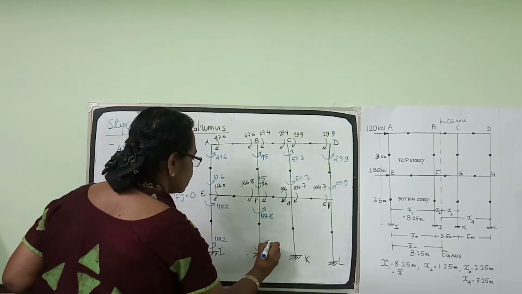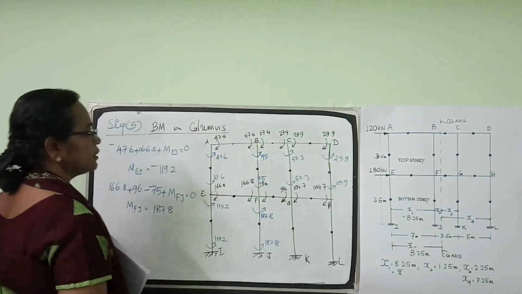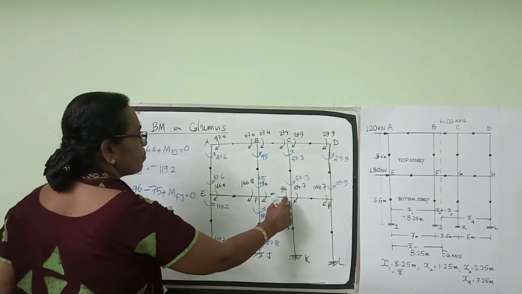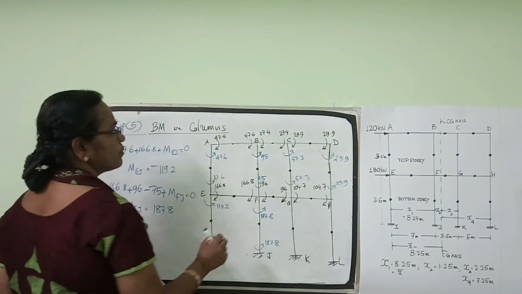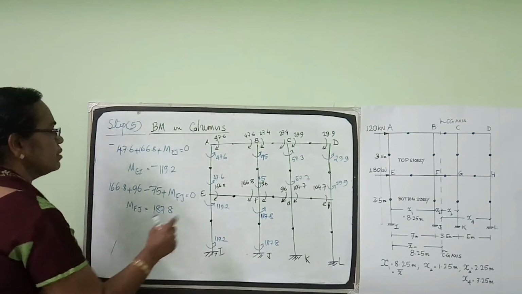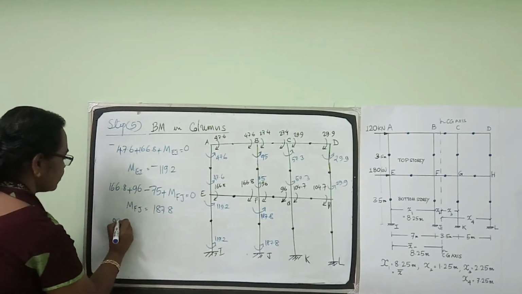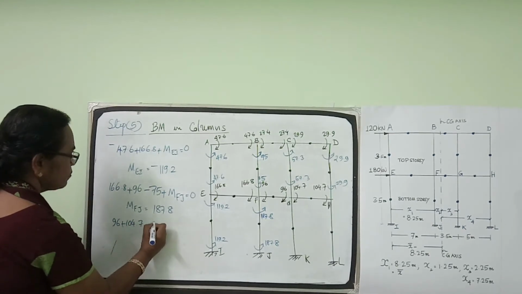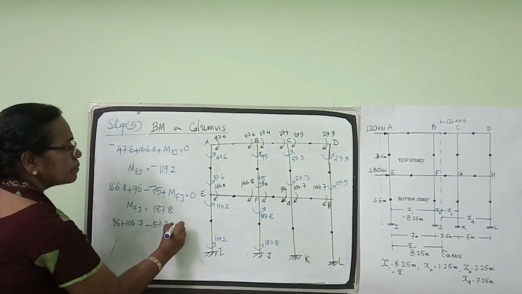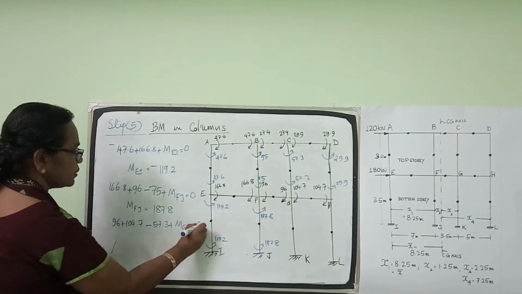So this is 187.8. Similarly at the joint G, 96, 104.7 clockwise and 57.3 anti-clockwise. So I can write 96 plus 104.7 minus 57.3 plus MGK is equal to 0.